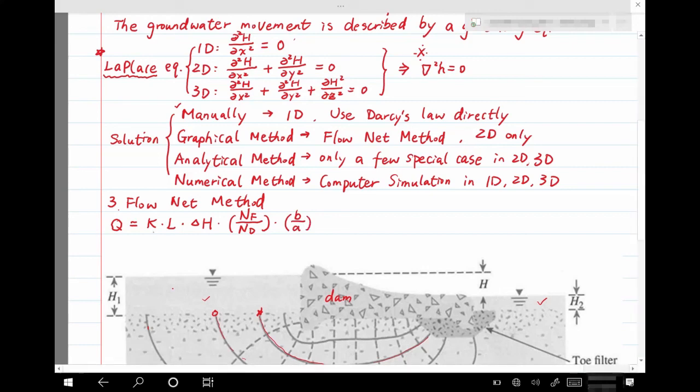K is the hydraulic conductivity. So we use the capital letter K always for hydraulic conductivity. And L here is not a traveling distance anymore. It's the length perpendicular to the cross section. And we have a cross section for any 2D case.